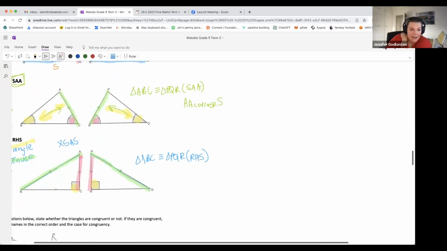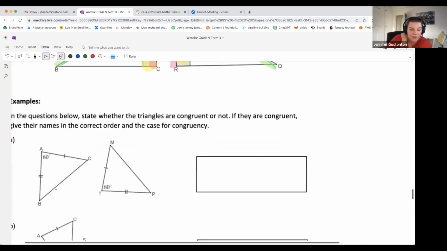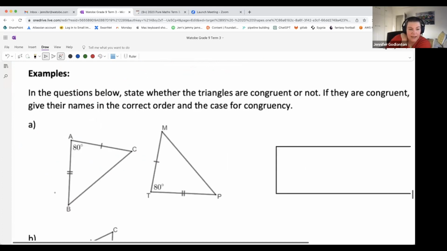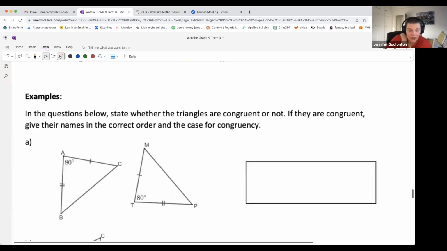Okay, let's go. So what I'd like you to do now is look at these questions, and some of them might not be congruent, because I am trying to trick you in some of them. I want you to first see if they're congruent, and if they are congruent, I want you to be able to give me the sentence and the reason.